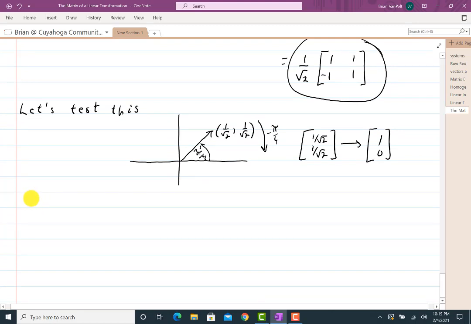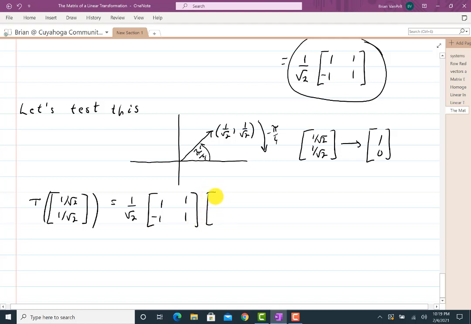So then my T of 1 over radical 2, 1 over radical 2. I'm just doing this to check to see if I did everything right. Well, let me go ahead and put in my standard matrix. And then let me go ahead and put in my vector.